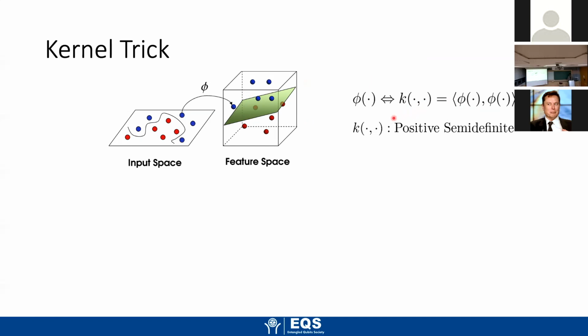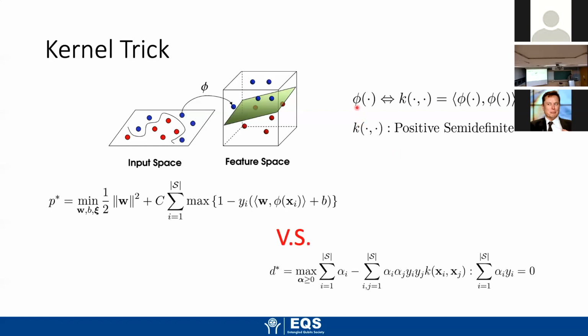And there is a theorem that for a positive semi-definite kernel, we all know what positive semi-definite is, right? Think about this method. If there is a positive semi-definite kernel, then there is a unique feature map. So we just set the kernel and it's like we automatically set the feature map.